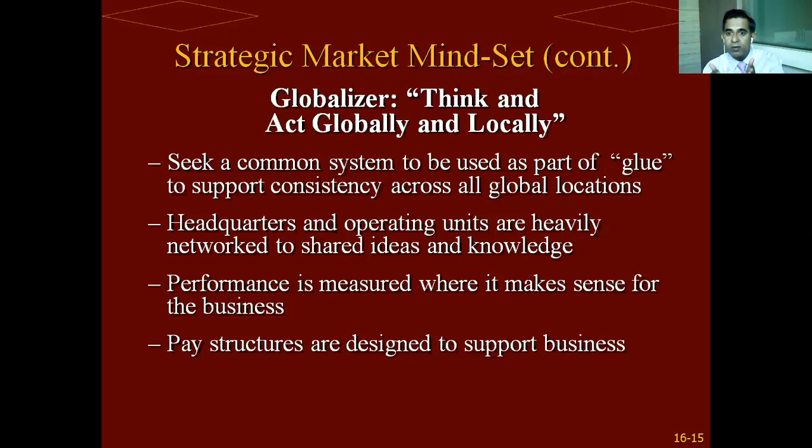So certain standards will be established at the headquarters, but other components, the building blocks of the pay model, like internal structure and external competitiveness, are adopted based on the conditions prevailing in different countries. That's why it is called think and act globally and locally. So this is a true globalizer. A company which adopts such a general compensation strategy in the international pay system is referred to as a globalizer.